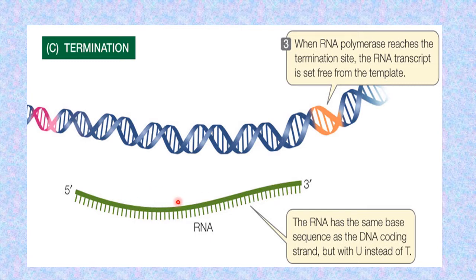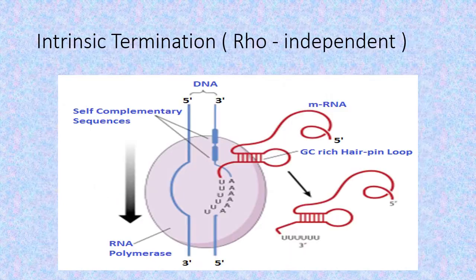But actually this termination in prokaryotes can take place by two pathways. There are two strategies of this termination. One is protein based and the other is RNA based.